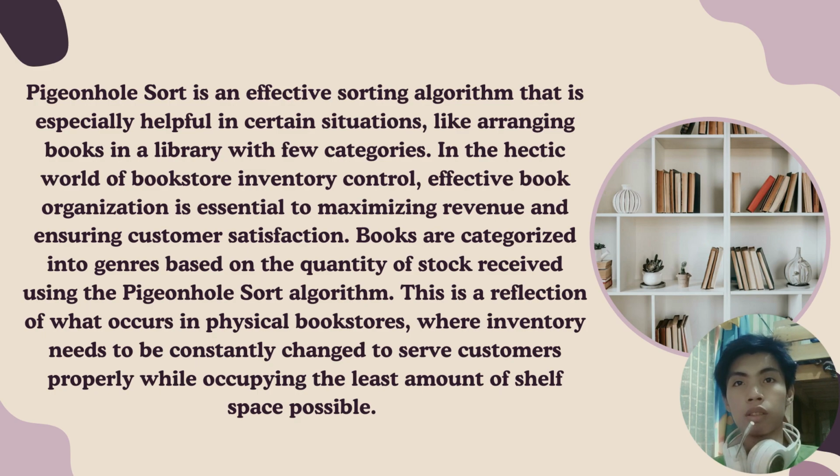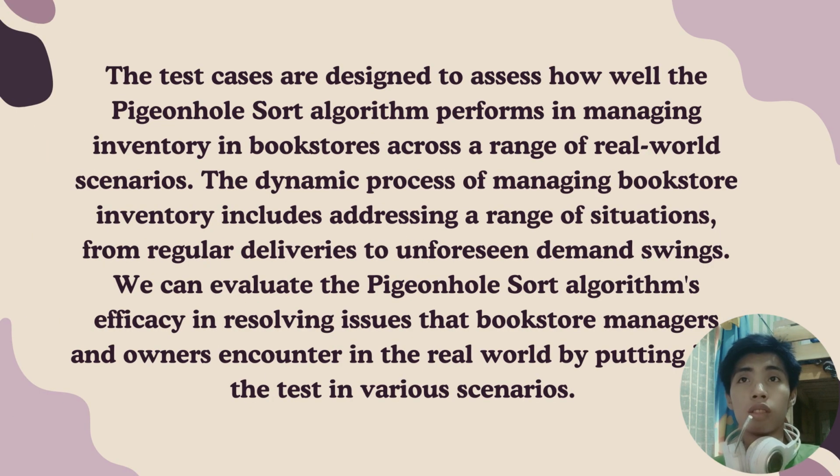This is a reflection of what occurs in physical bookstores where inventory needs to be constantly changed to serve customers properly while occupying the least amount of shelf space possible. So, the test cases are designed to assess how well the pigeonhole sort algorithm performs in managing inventory in bookstores across the range of real-world scenarios.